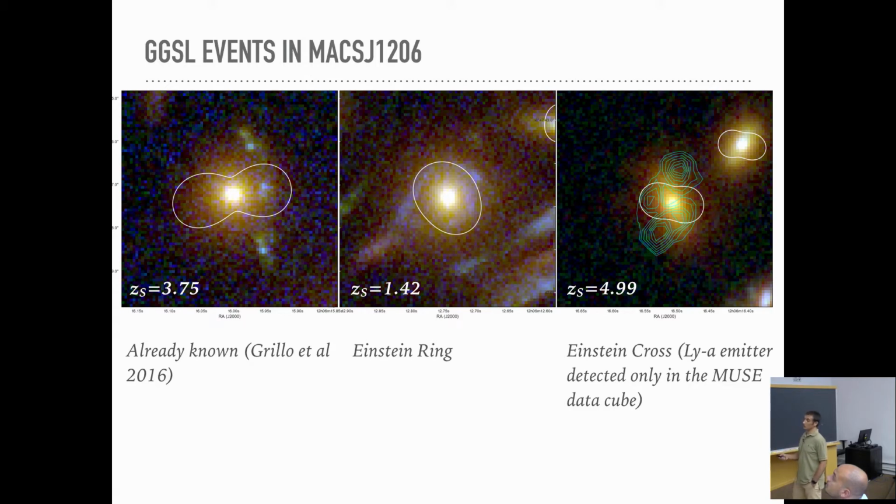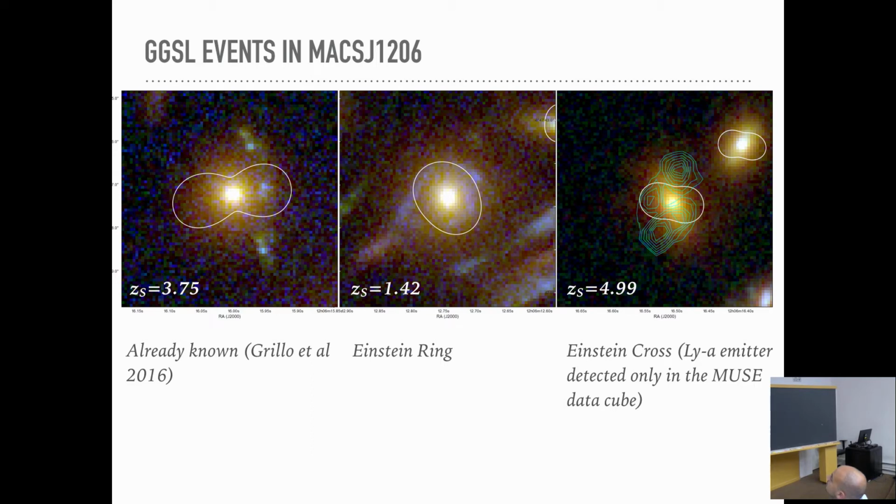If you look into the MUSE data cube, around this other cluster member, you can see a signal, 4 peaks of emission at the wavelength of the Lyman alpha line, okay? So these are 4 images of a Lyman alpha emitter, which is at redshift 5 behind this galaxy.